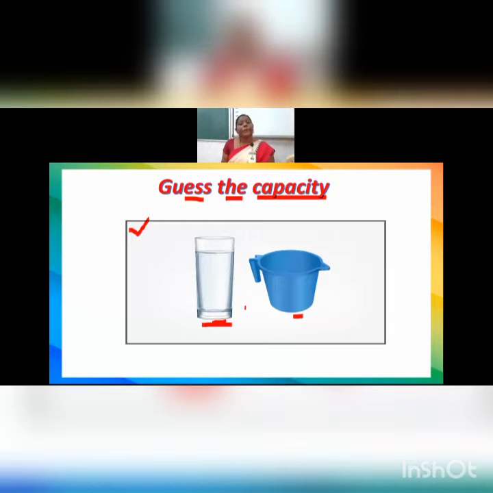So today we are going to measure the capacity of the container. That is, how much space the different containers have, or how much the different containers hold.